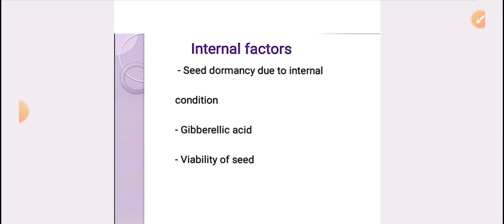That means the ability of the embryo to germinate and grow into a seedling, and after maturation form the entire plant. The viability of the embryo affects the growth and germination of the seed. So those are some external and internal factors that affect seed germination.